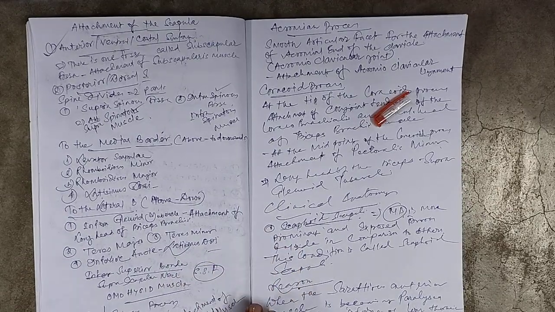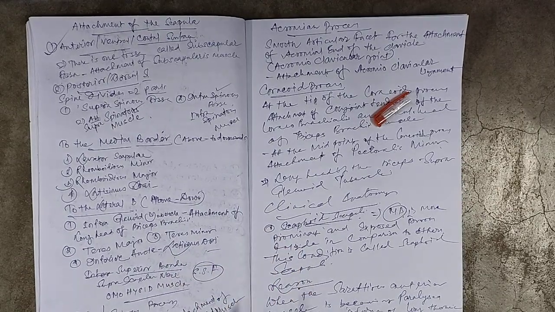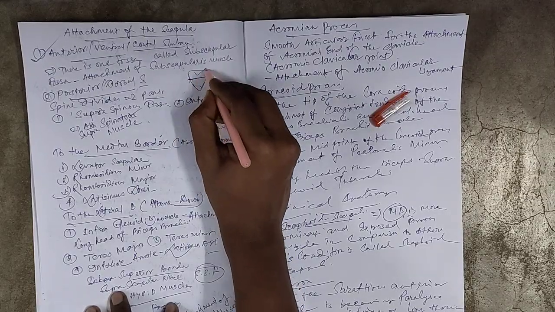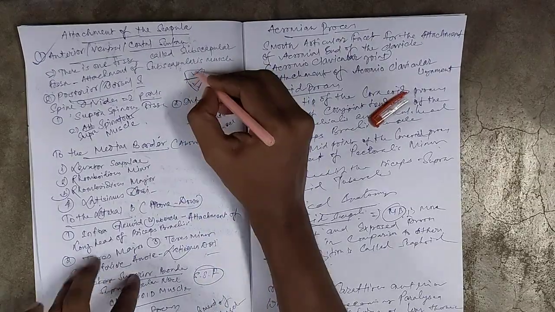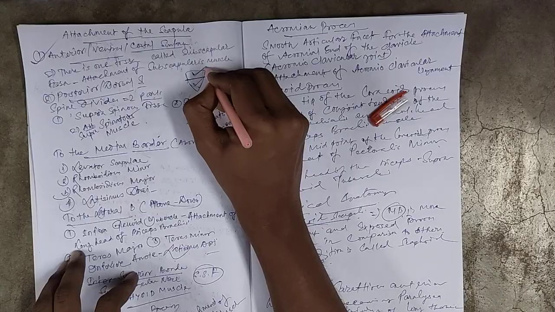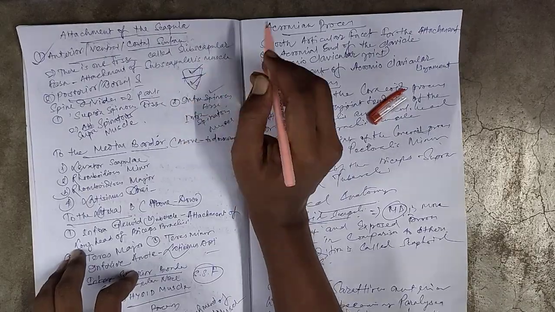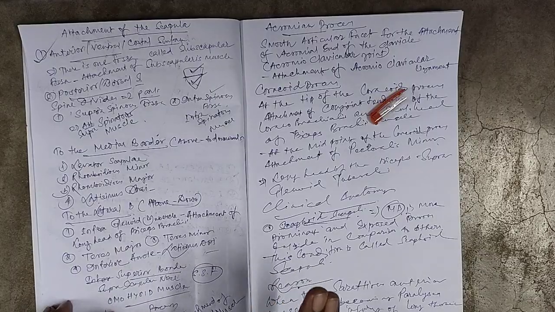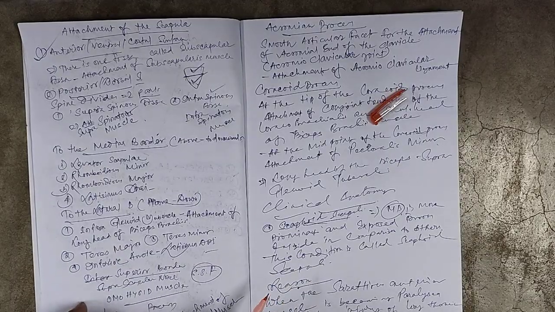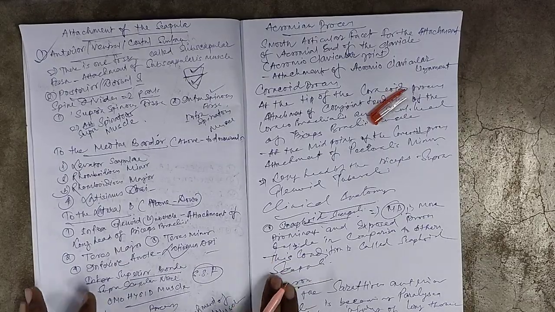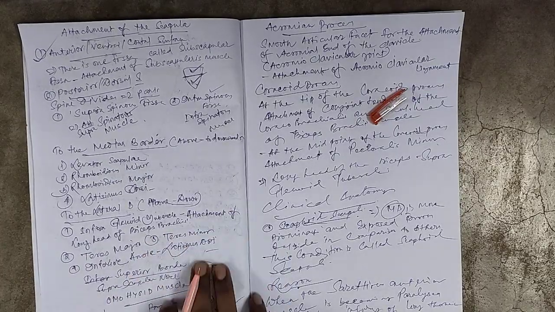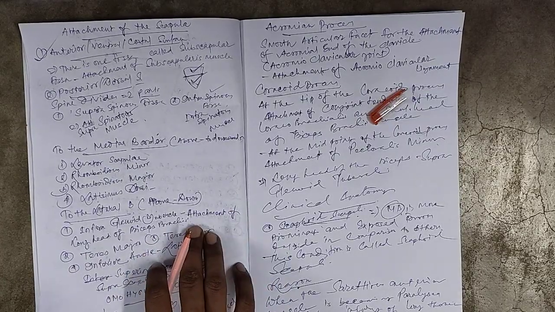Then the posterior or dorsal surface, where the spine divides into two parts: the upper part is the supraspinous fossa and the lower part is the infraspinous fossa. The supraspinous fossa has the attachment of the supraspinatus muscle, and the infraspinous fossa has the attachment of the infraspinatus muscle.